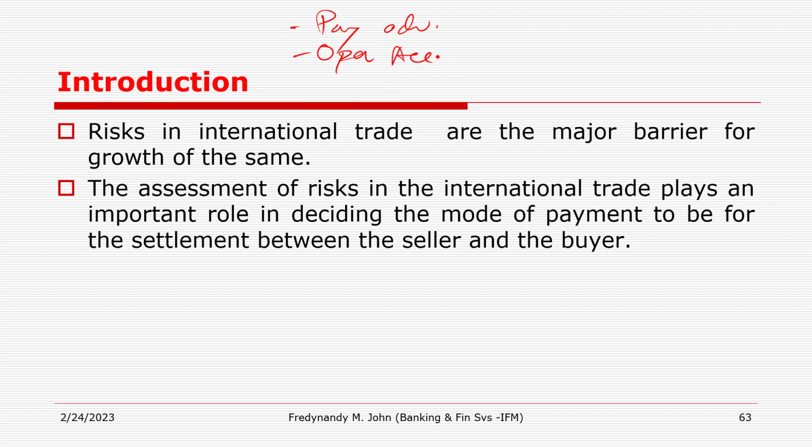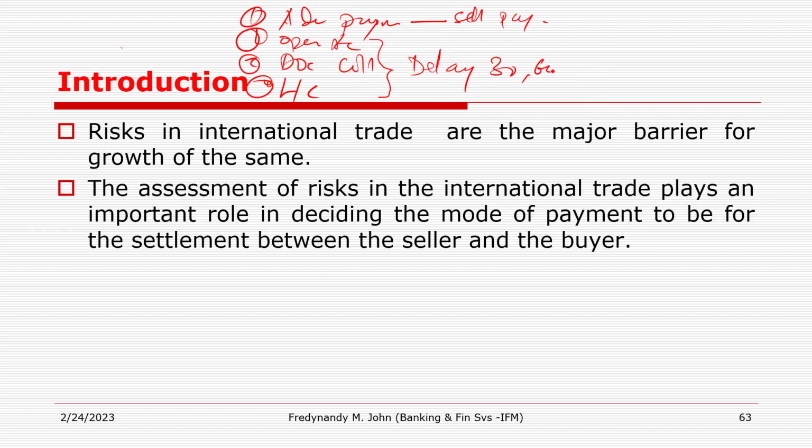Remember, open account, documentary collection, and letter of credit: these three methods will have some sort of delay before you could receive payment. Let's say 30 days, 60 days, 90 days, etc., before funds are received by the seller, the exporter. During this window, anything can happen to the exporter's domestic currency against foreign currency.